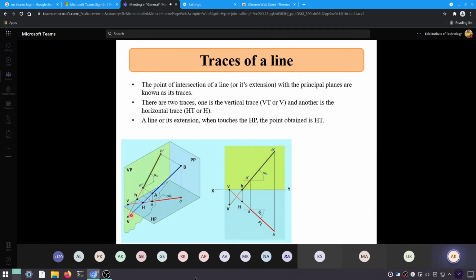Similarly, if you see the top view of the same line which is inclined to both the principal planes, you will see the top view is going to meet the vertical plane at point small v, and it is again in the same line with capital V, which is perpendicular to the XY line. Is this thing clear to all of you?